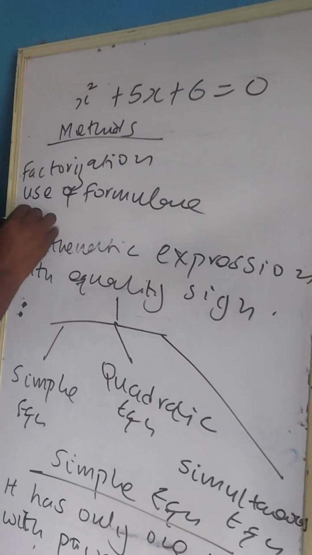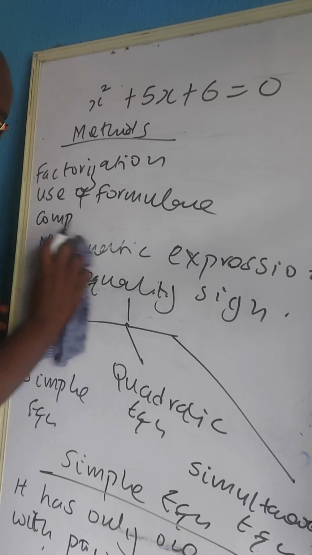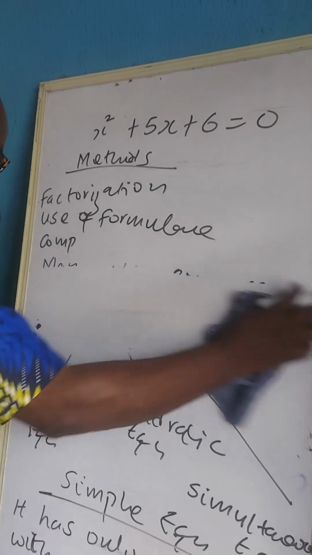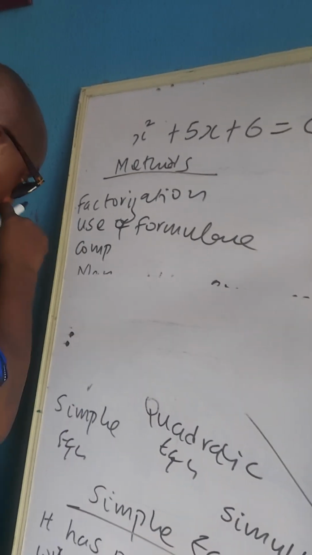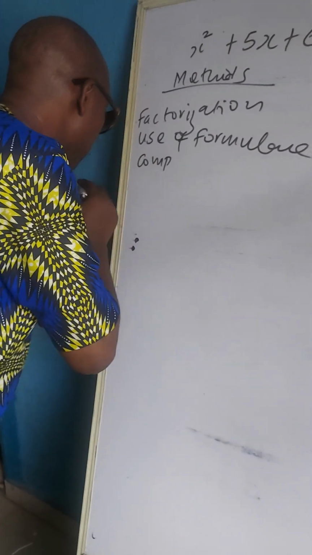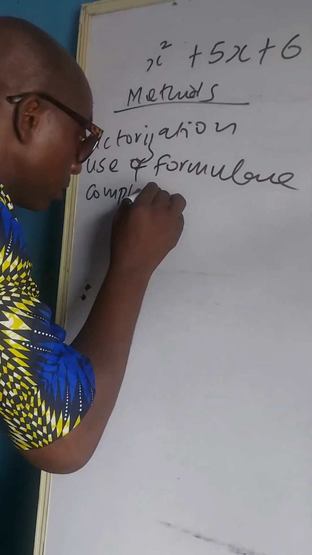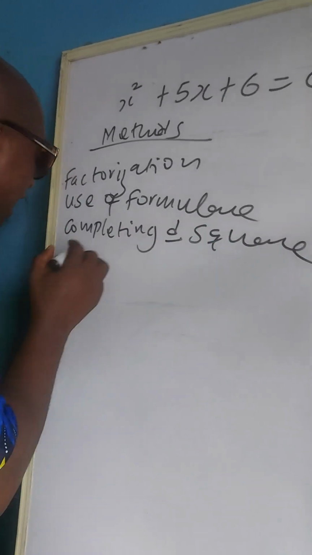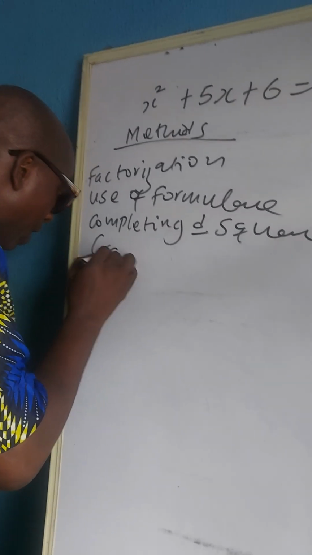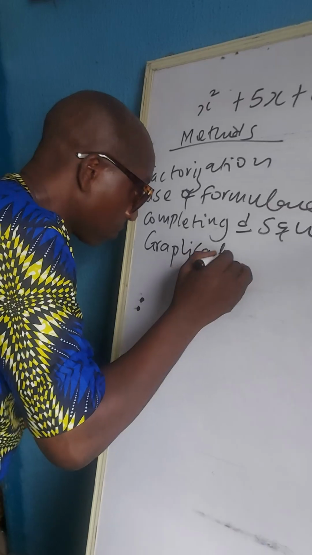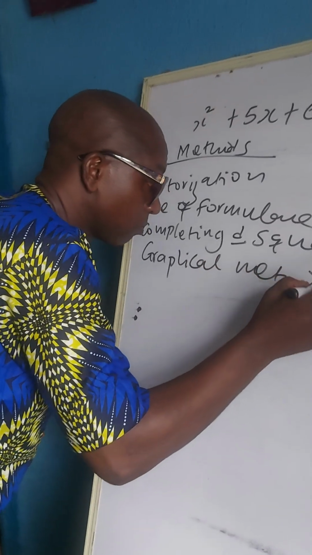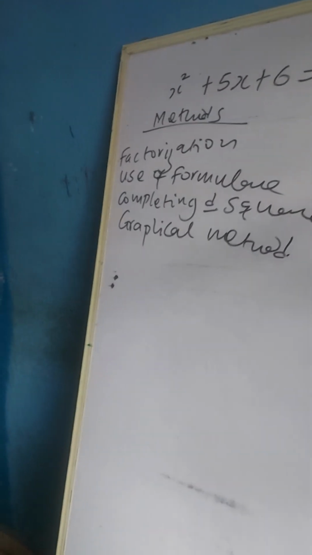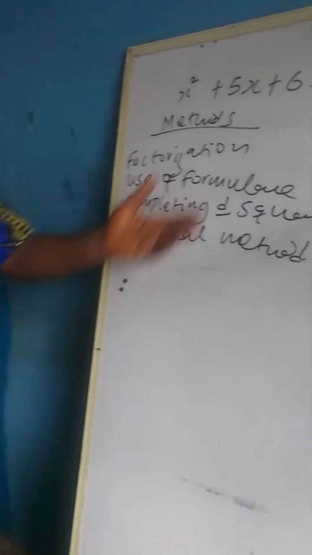Third one, we have completing the square method, and the last one, graphical method. The simplest is factorization, followed by use of formula, followed by completing the square, followed by graphical method.